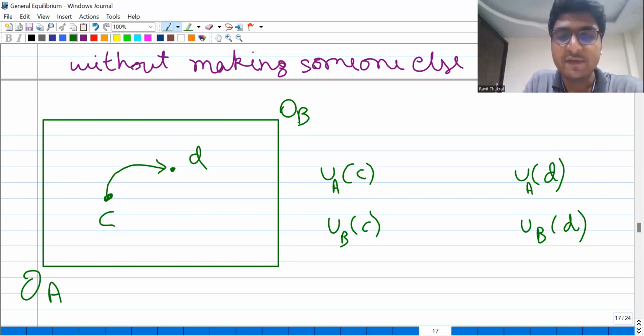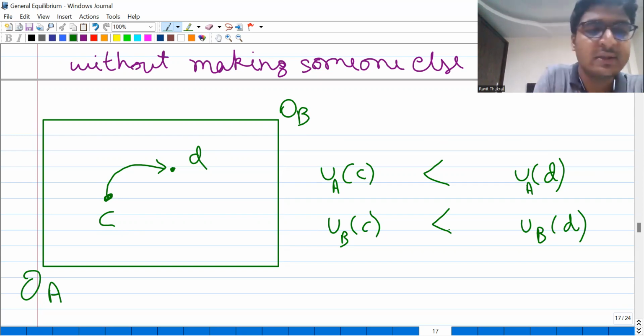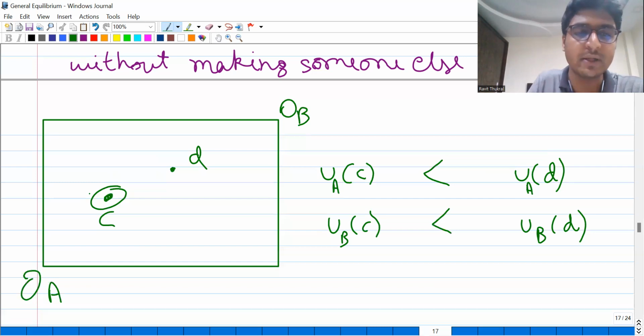So if there is a way by which I can make both of them better off, okay, there is a way by which I am able to increase the utility of both the consumers, then how can C be Pareto efficient? How can this be an efficient bundle? Such a way exists by which I am able to increase the utility of both the individuals. That means this initial bundle was not a good bundle.